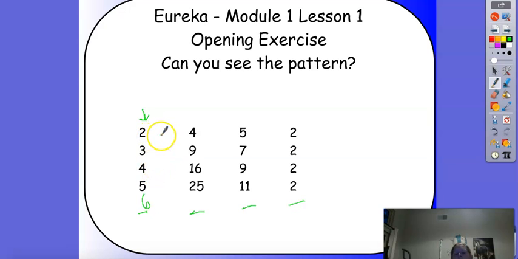But I start to see, wait a minute, I know my squares. 2 times 2 is 4. 3 times 3 is 9. 4 times 4 is 16. 5 times 5 is 25. 6 times 6 would be 36.